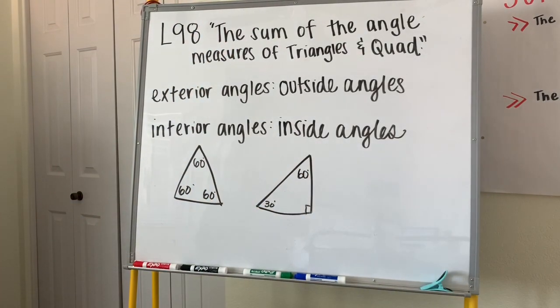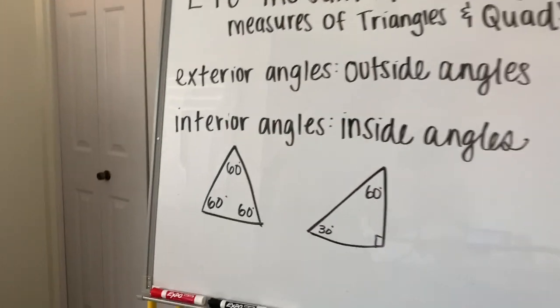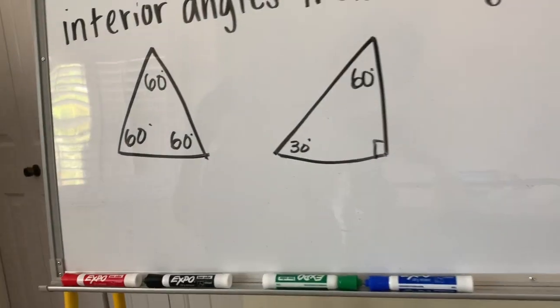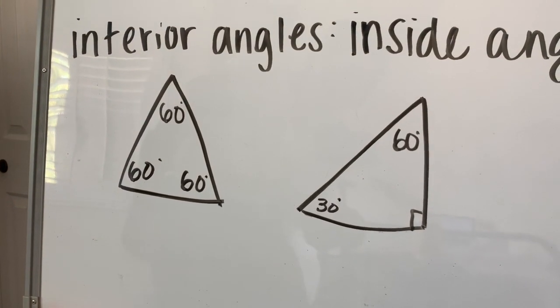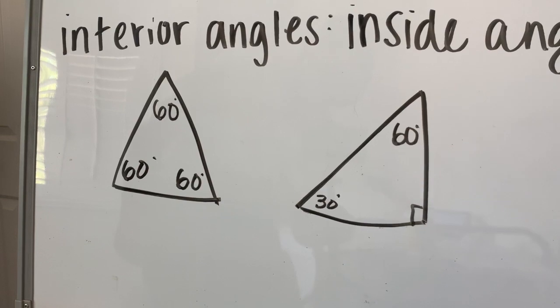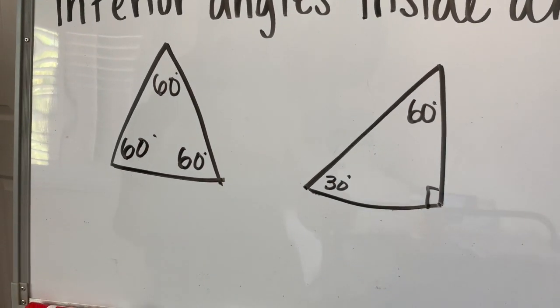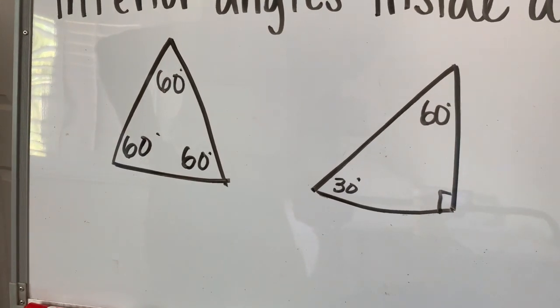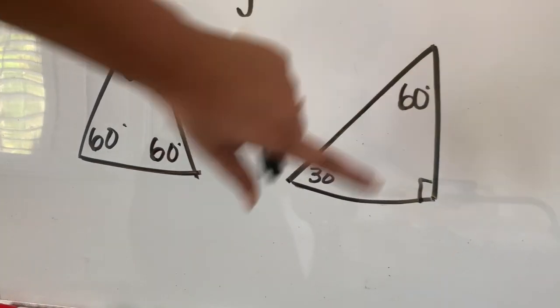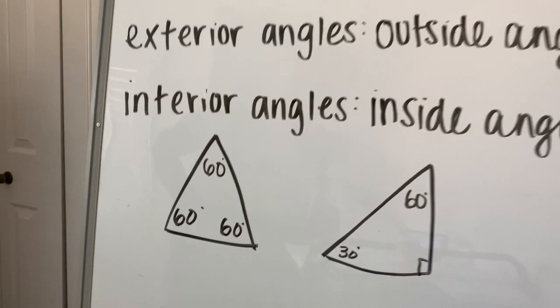All right, let's look at these two triangles. I'm going to move it closer. Looking at these two triangles, what can we say about the sum of their interior angles? Right, we could say that the sum of this is 180 degrees, and the sum of this triangle is also 180 degrees.